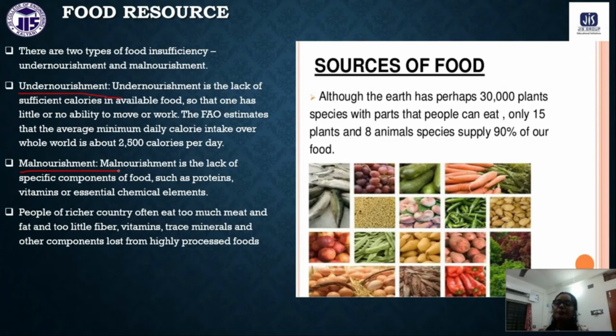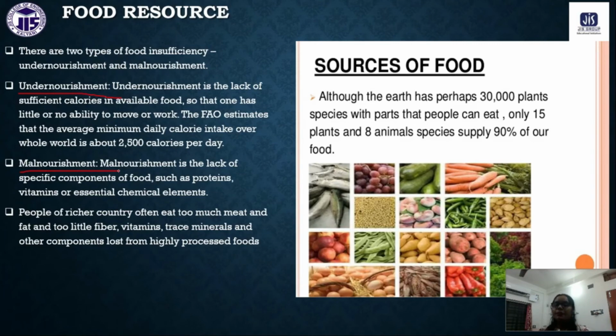What do you mean by malnourishment? Undernourishment means the body cannot get the required amount of food to generate energy.